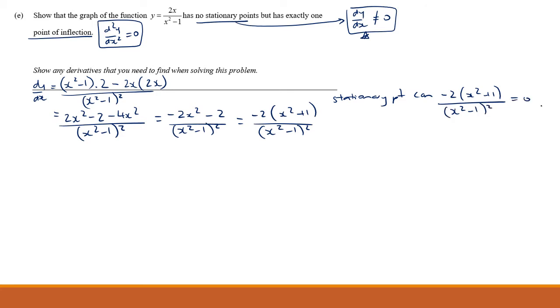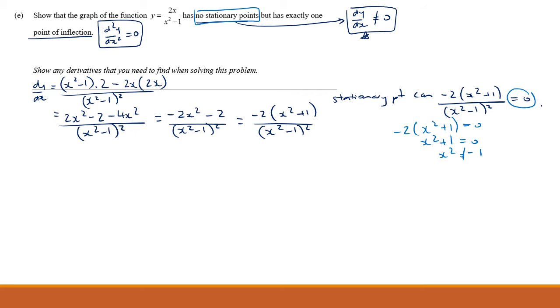Now for it to equal 0, it's really just got to be that top line. It's got to be negative 2 into x squared plus 1 equals 0, which in actual fact is just x squared plus 1 equals 0. But in reality, without imaginary numbers, we can't solve that. So there are no stationary points.